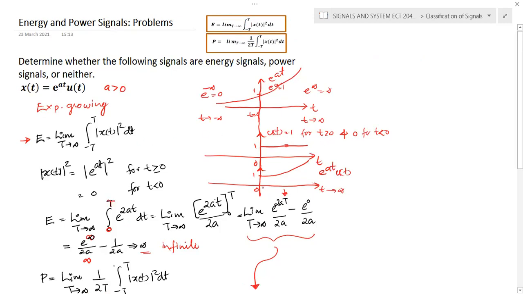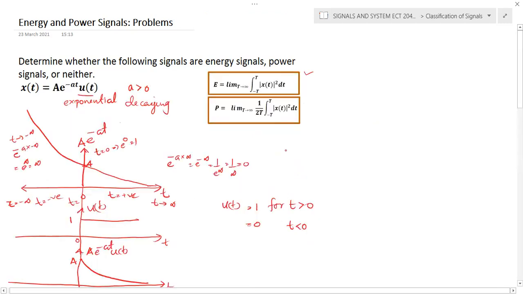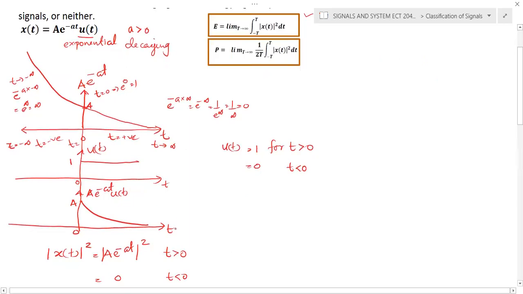So if you integrate the signal from 0 to infinity, the overall result becomes infinity. But in the first question, when t is tending to infinity, the signal magnitude is tending to 0 and the maximum value is a. So you'll get a finite result if you integrate this particular waveform.